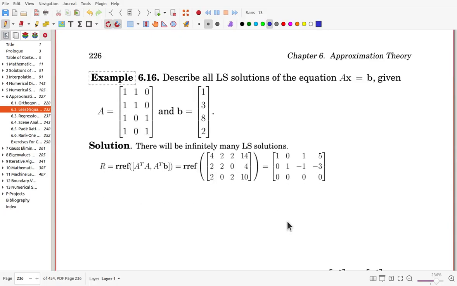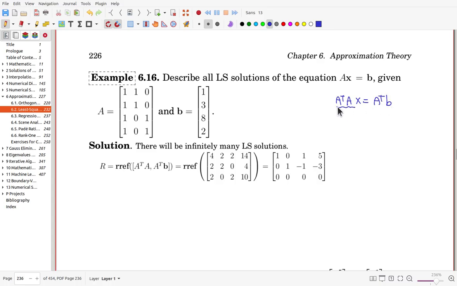Okay, we have an example. Describe all least squares solutions of the equation Ax = b, given A here and b here. Once we use the method of normal equations, A transpose A x equals A transpose b, right?